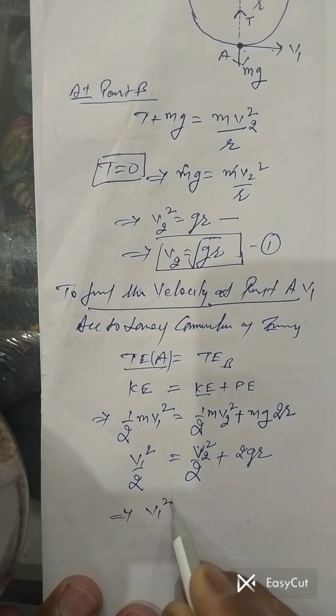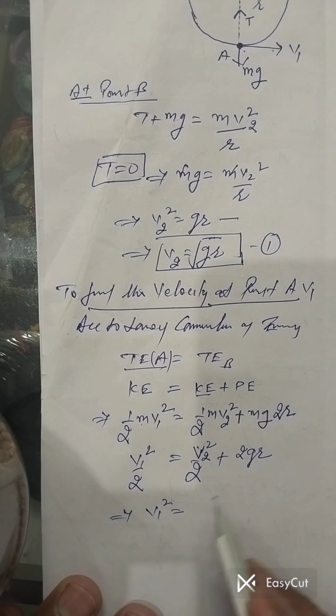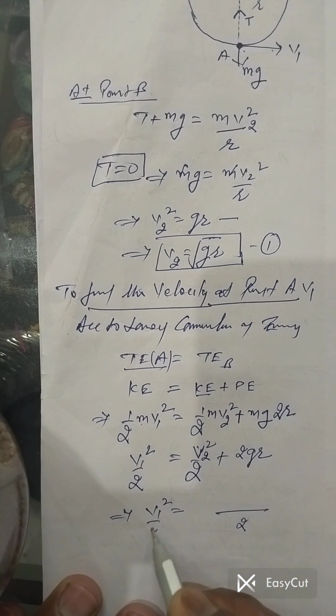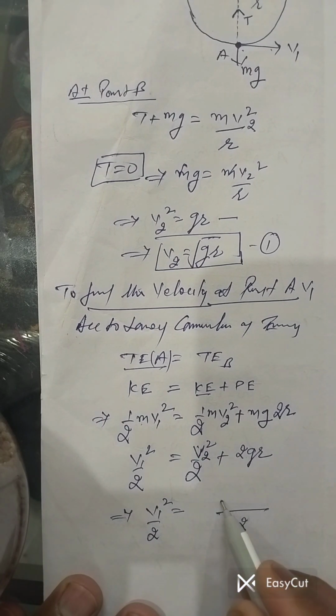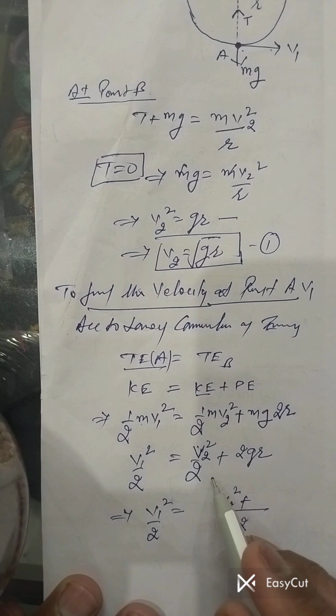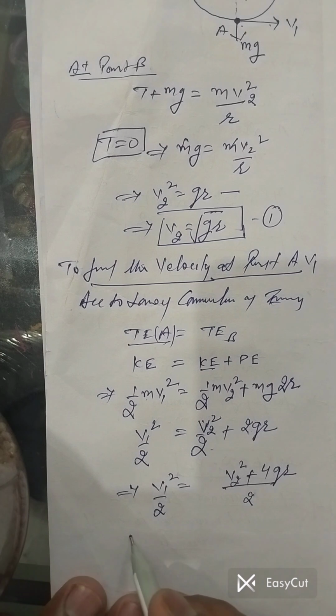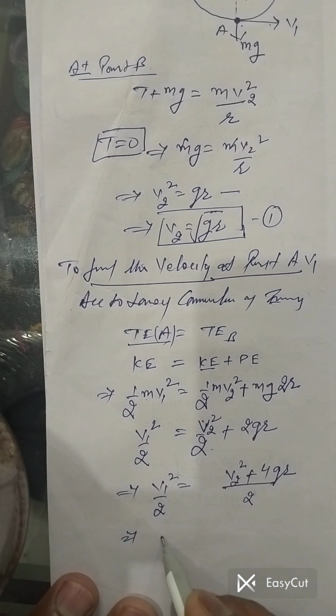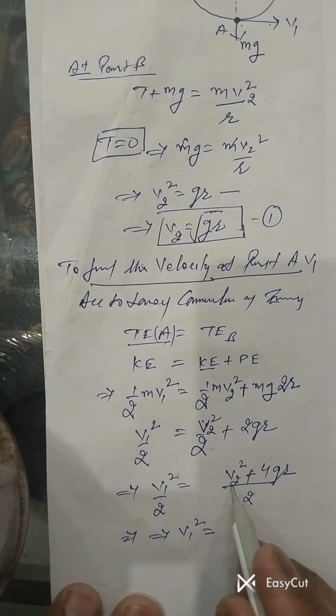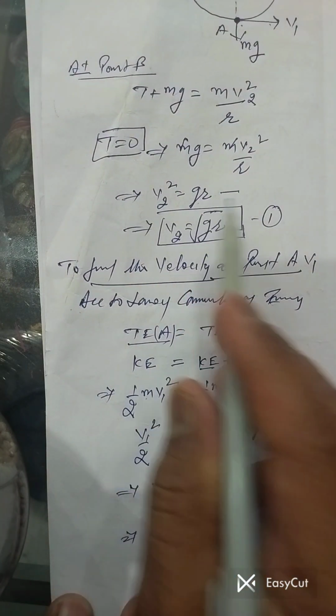So v1 square will be equal to, taking LCM 2, v2 square plus 2 into 2, that is 4 into gr. Now the 2 is cancelled, and the value of v2 square is gr.